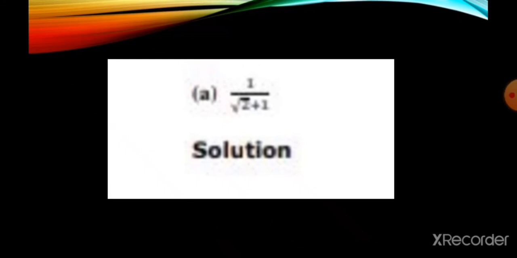What is the conjugate of root 2 plus 1? Good, root 2 minus 1. So 1 over root 2 plus 1 will be equal to 1 over root 2 plus 1 times root 2 minus 1 over root 2 minus 1.